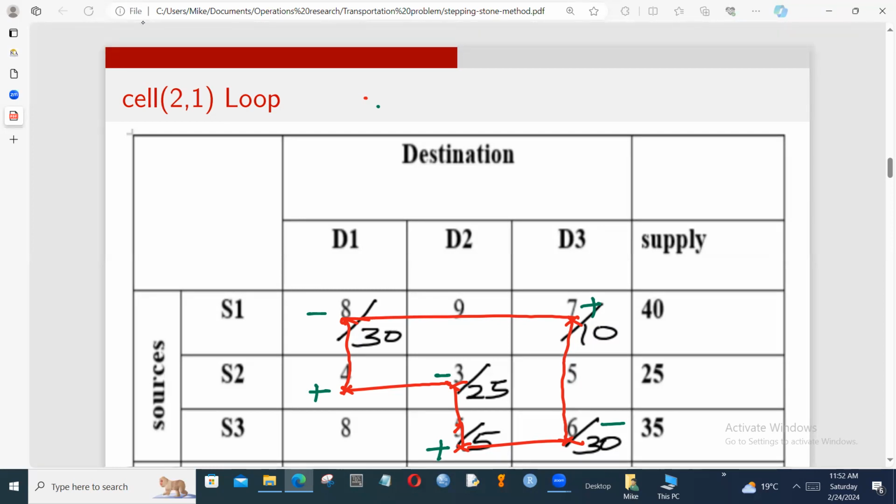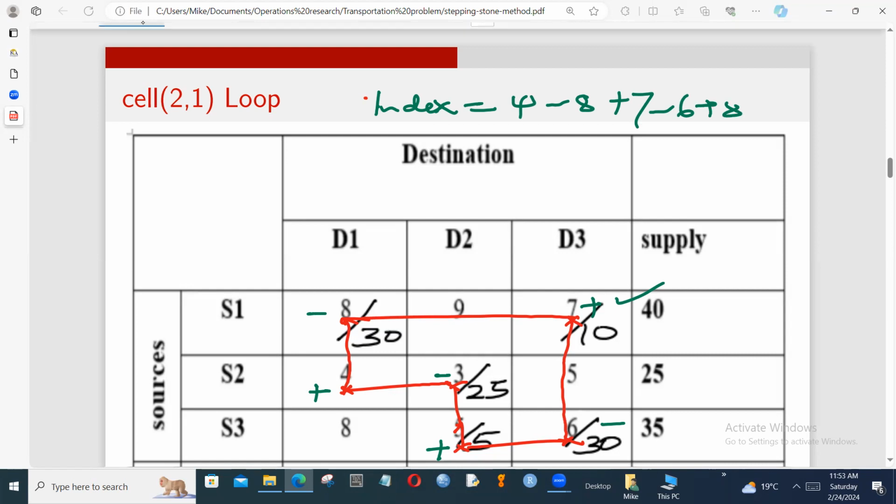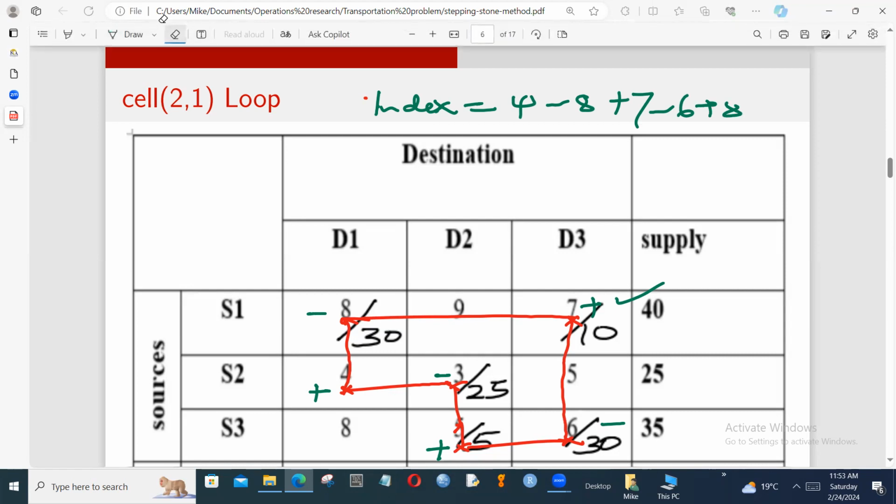So you can also calculate the improvement index associated with cell 2-1. So you have positive 4 minus 8 plus 7, this plus 7 minus 6 plus 5, sorry, plus 5 and minus 3.